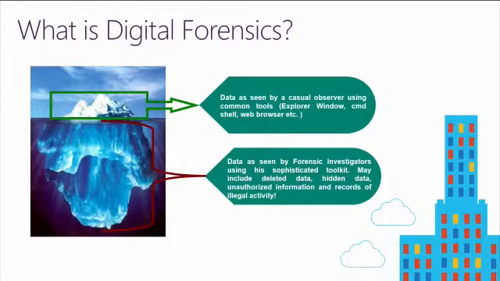It's like an iceberg, right? The top is the casual observer, which is Windows Explorer, command line or PowerShell, the browser. But when we investigate deeply, we will see that it's more sophisticated. It may include deleted data or hidden data or unauthorized information and records of illegal activities.